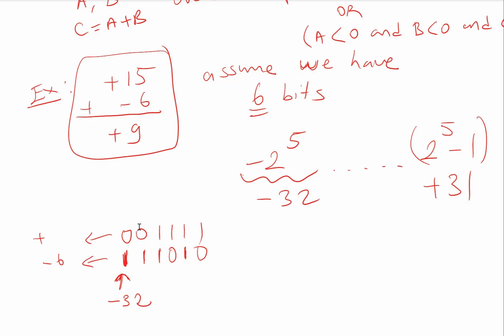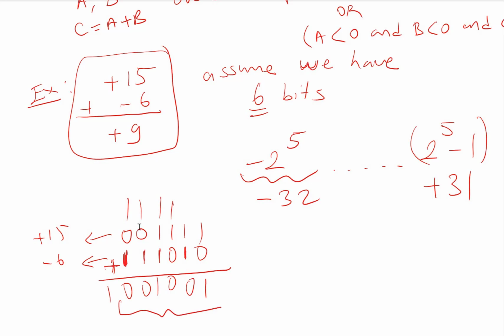So this is plus 15. Right, so if I add these two, what will we be getting? 1, 0, 1, 0, 1, 1. So this is 1, 0, 1, 0, 1. So since we have only 6 bits, we cannot take this carry. So when you look at this, we will be getting plus 9 here, and there is no overflow.